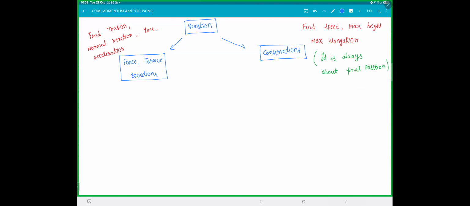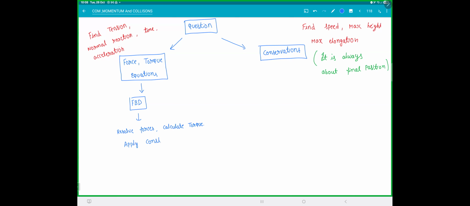Once you decide which method to use, if I have to use force and torque equations, step 1, we draw the FBD. Then we calculate the forces, resolve forces. We'll calculate torques later also. Then we use constraint equations.